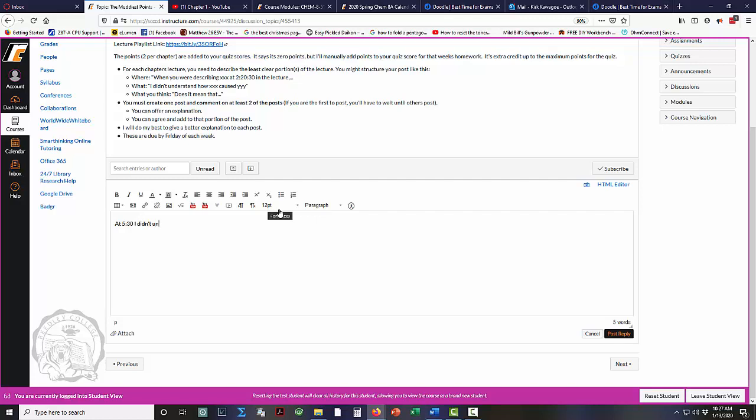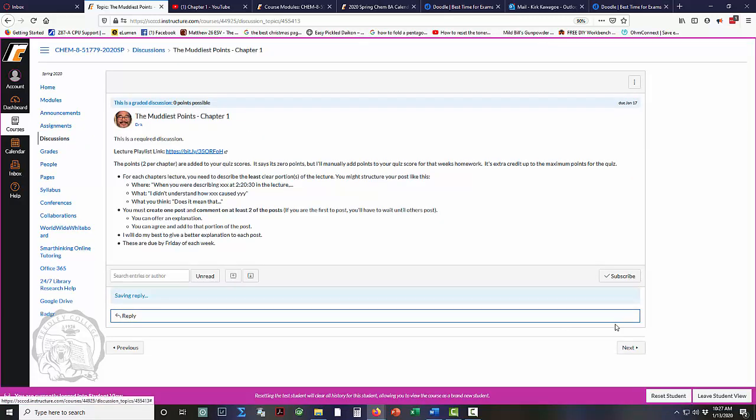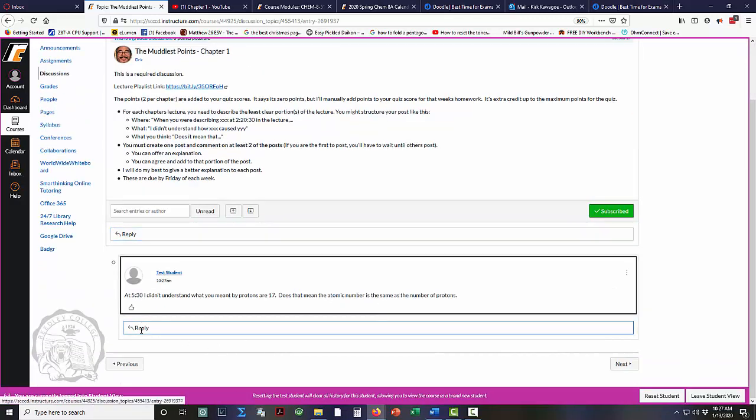I didn't understand what you meant by protons are 17. So that would be satisfying the criteria of saying where it was and what you didn't understand. And then you say, does that mean the atomic number is the same as the number of protons? So then you'll post this reply, and then other students can reply to this.